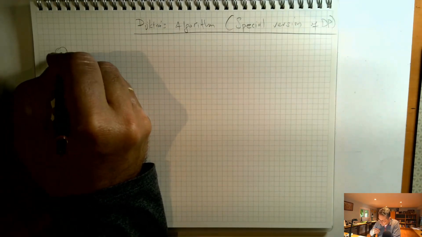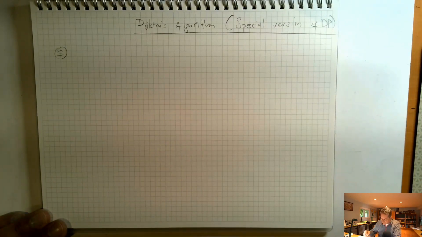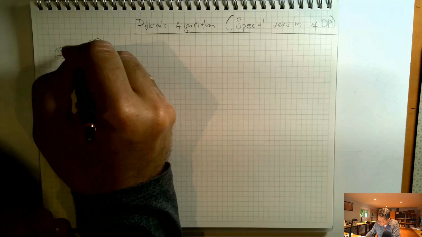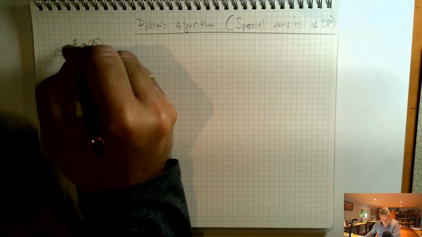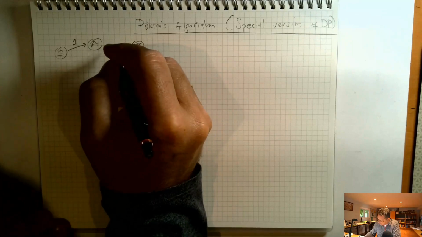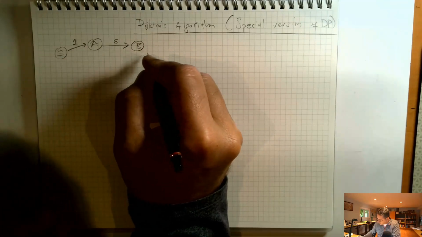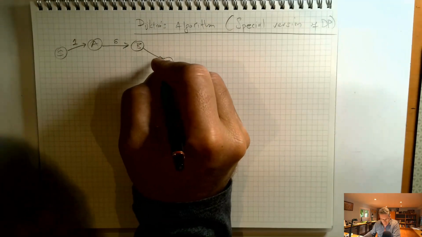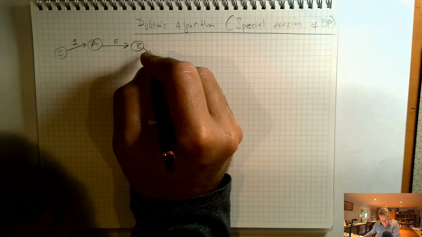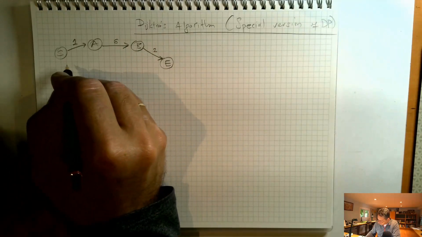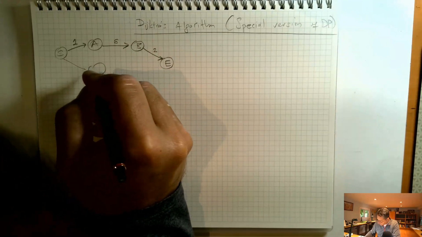I have a starting state S. We have A with cost 1. A to B has cost 6. Then we have some target or goal node, with a cost of 2 from B to E. So this is the graph.